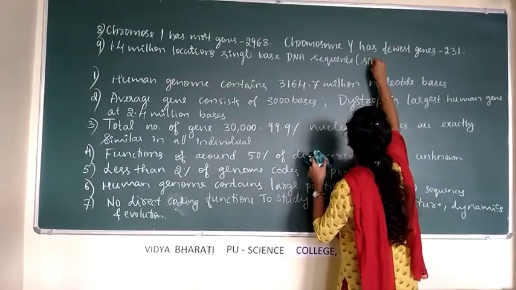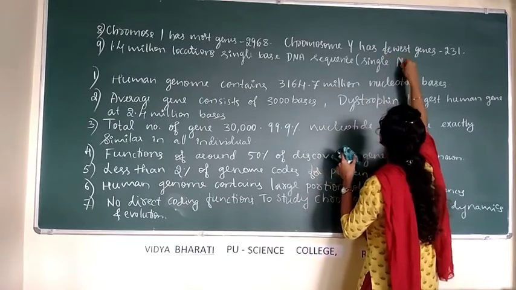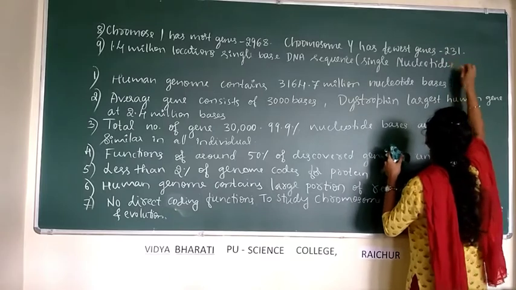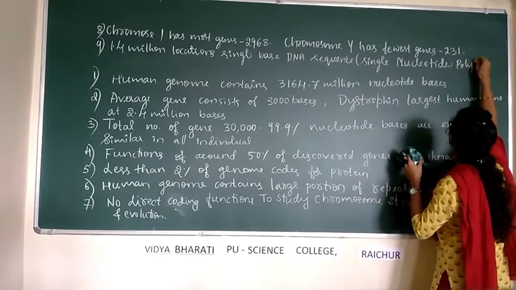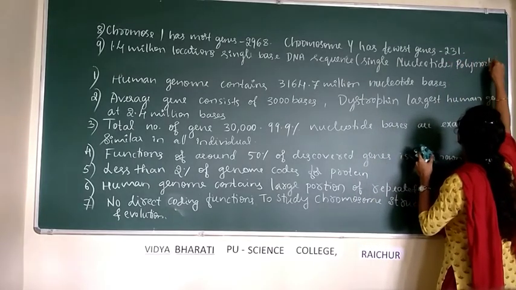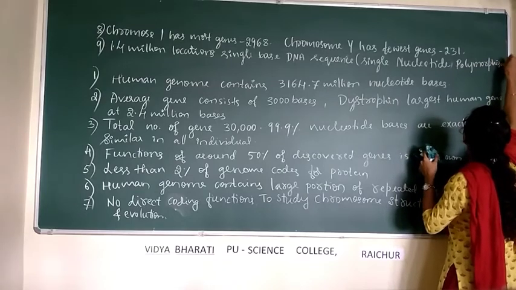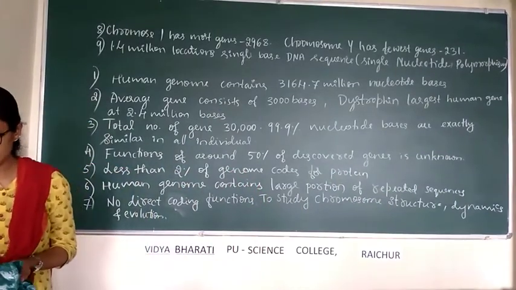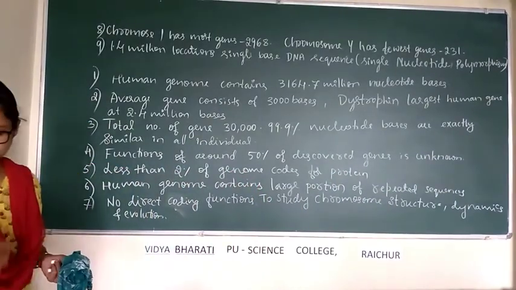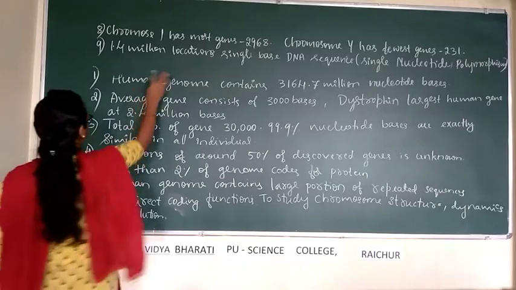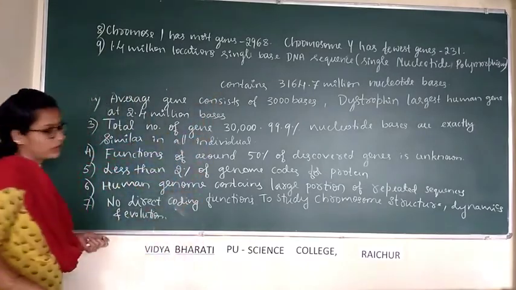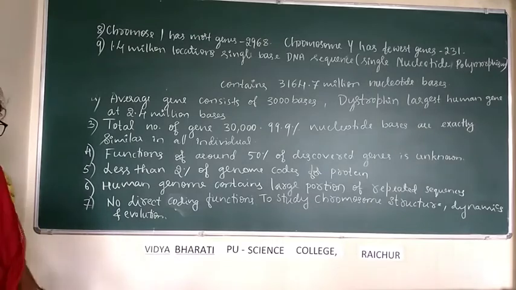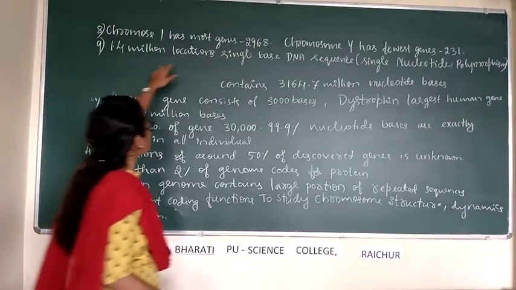It is also called single nucleotide polymorphism, SNP. SNPs, or single nucleotide polymorphisms, occur in humans at about 1.4 million locations.